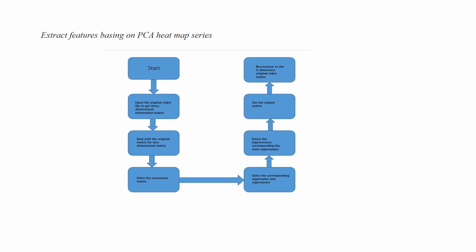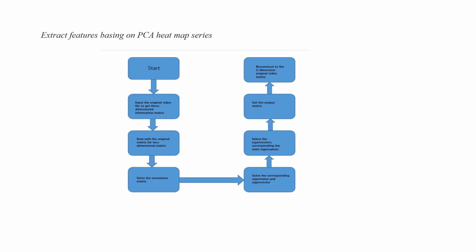Here are the main steps in my report to extract features based on PCA of heat map theory. First, we input the original video film to get a three-dimensional information matrix, and then convert the original matrix into a two-dimensional matrix.